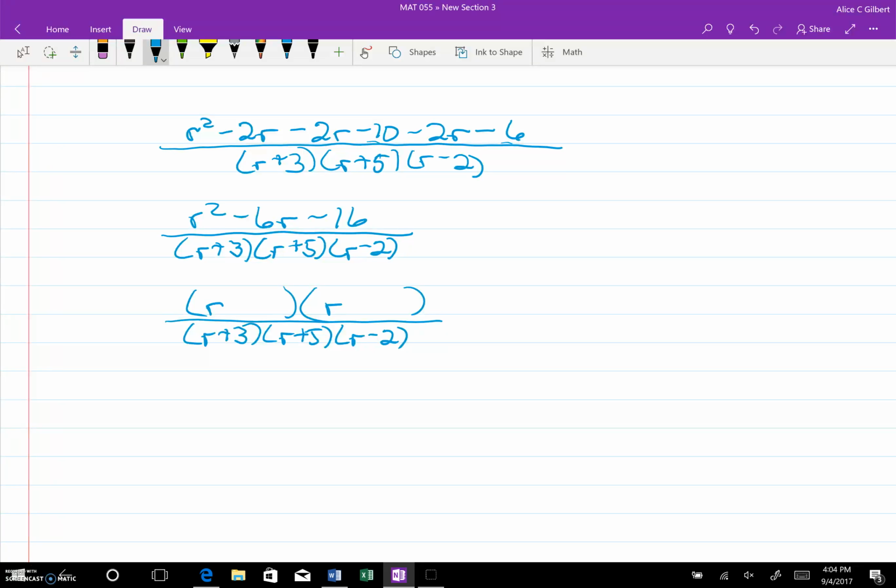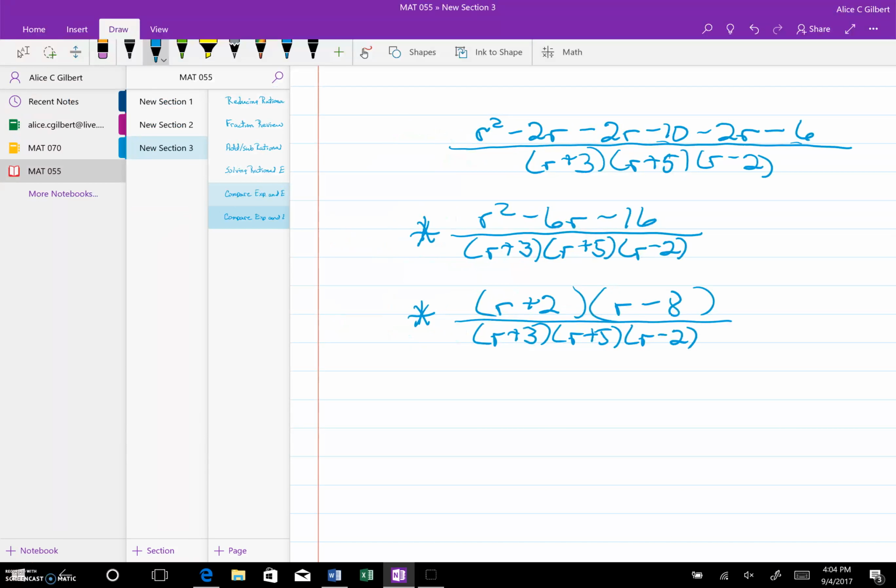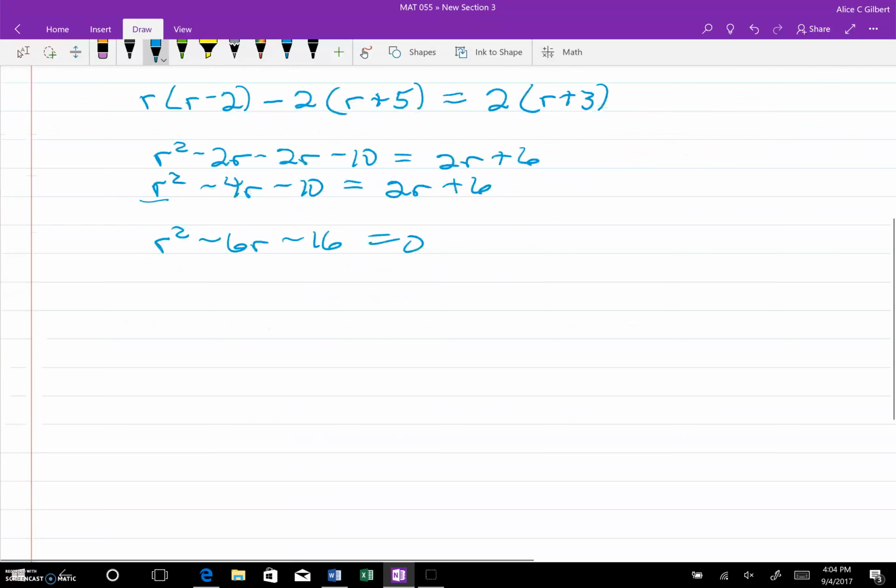So that would have to be a positive 2 and a minus 8. When I add those two together, I get negative 6. Positive times negative is negative. But there's nothing here that I can cross cancel, so I can either leave it this way or this way, and this one's done. Let's go back to our equation and finish up there.